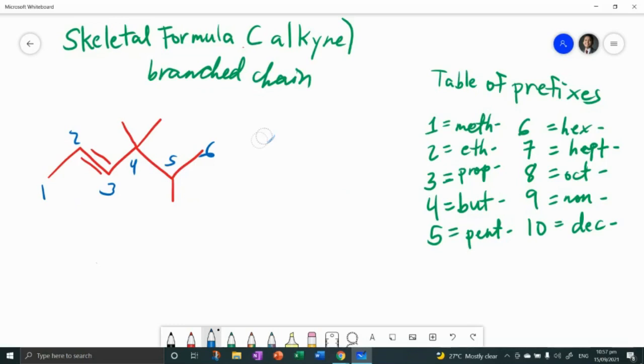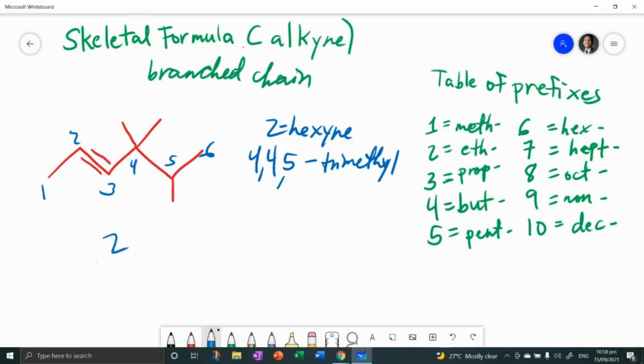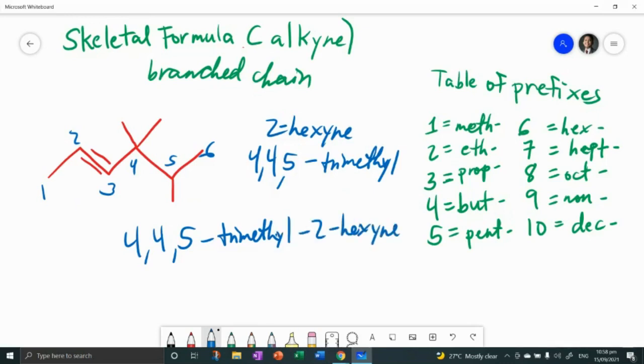I don't know, not 3 but 2. I'm sorry about this. 2-hexyne. And then we see that there are three methyl groups, and two are connected to the 4-carbon, so 4, 4, then 5, trimethyl. So its name is, I know I made a mistake. Is that right? Yes, it is right. So first is 4,4,5-trimethyl-2-hexyne. So that is its name.